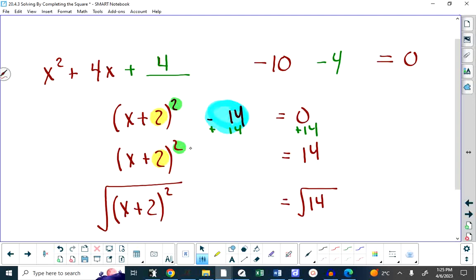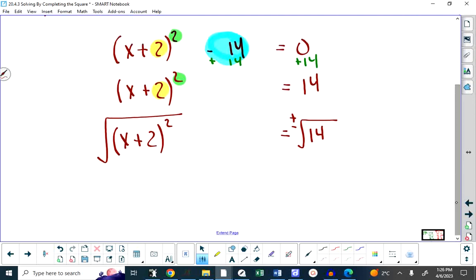Just root 14? Plus or minus, right? So we'll go plus or minus here. My point about what I've written there is this right here, I don't think you need to write that. If you simply wrote x plus 2 equals plus or minus root 14, that would be fine.